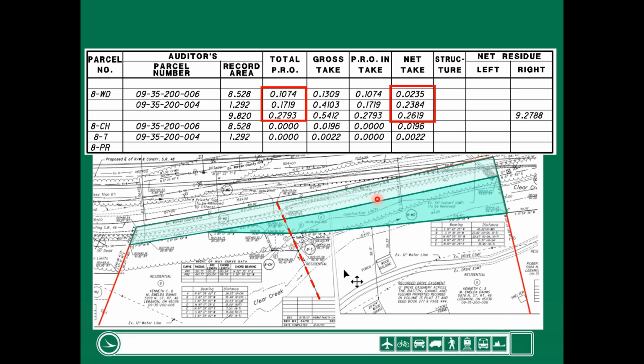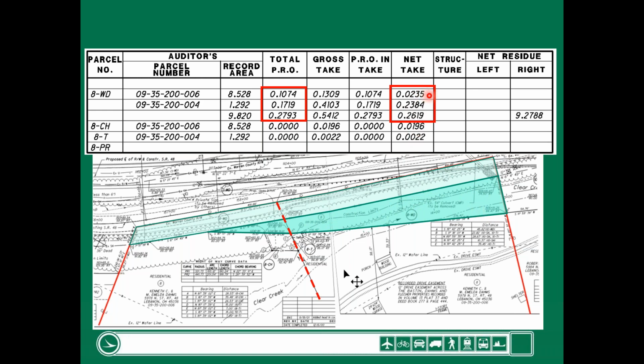Next, I'm going to skip over to the net take column. That is the area that we're going to acquire in addition to the PRO. So this would be the area that we didn't own any rights to before the project, but what we're going to acquire and own after. That's what's called the net take area. So that's this area I've highlighted in a little bit darker green.